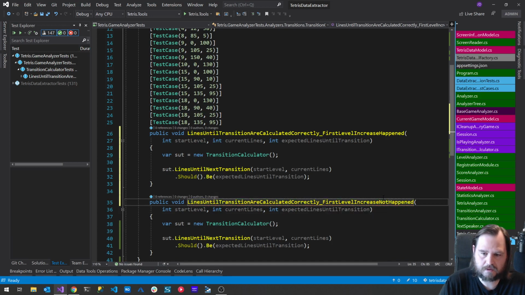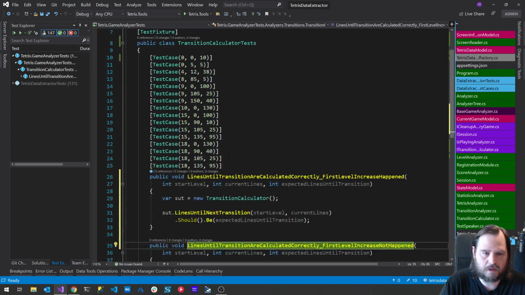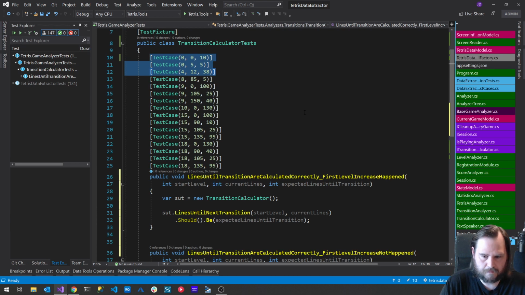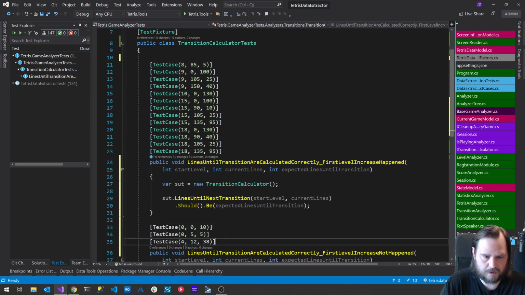Not happened. Because these really are 2 separate things. So you haven't done this yet. You haven't hit it. These are when you haven't hit it.